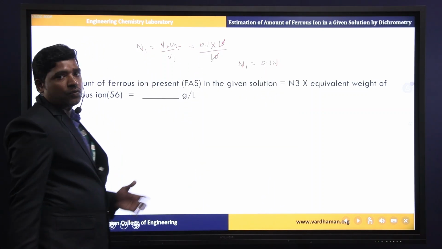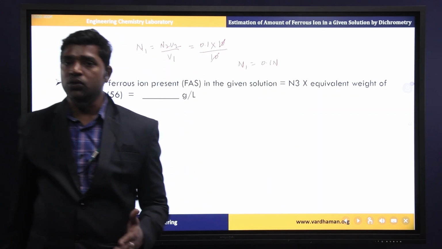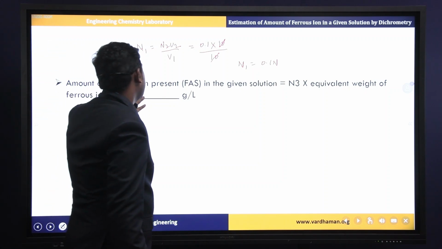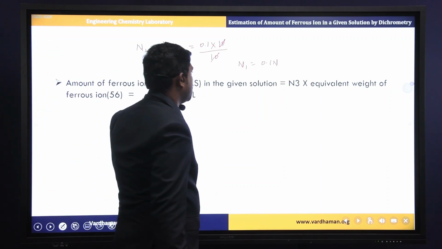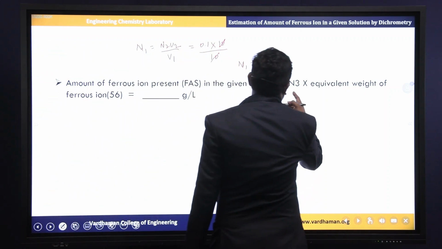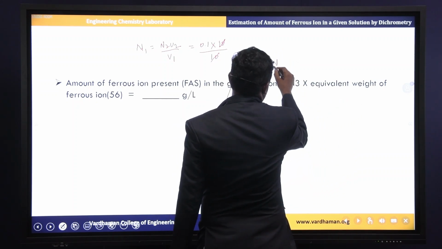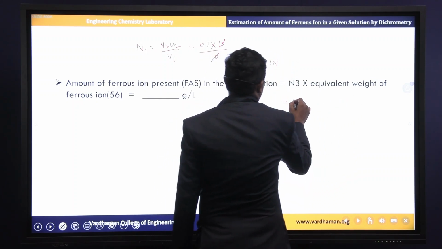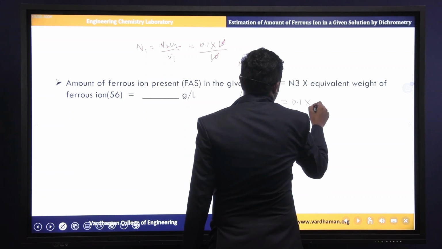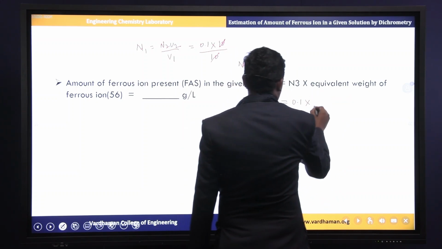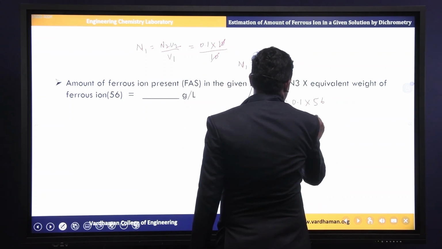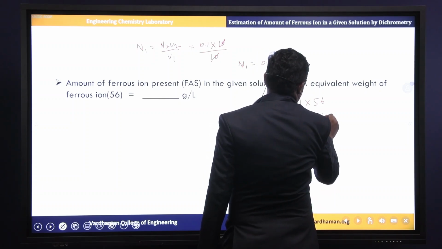Now we should calculate the strength or amount of ferrous ion present in the given sample solution. That is the normality of Mohr's salt into the equivalent weight of ferrous ion. The normality of Mohr's salt we have already found, 0.1 normality, into the equivalent weight of iron, which is 56. So we get 5.6 grams per liter.